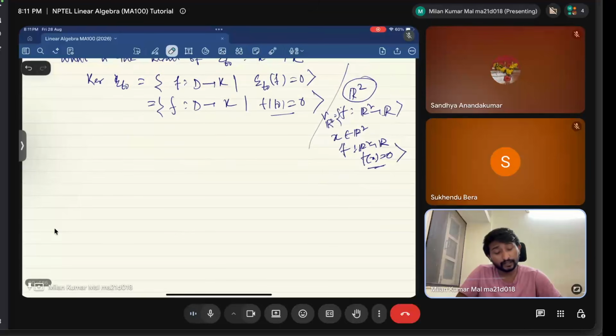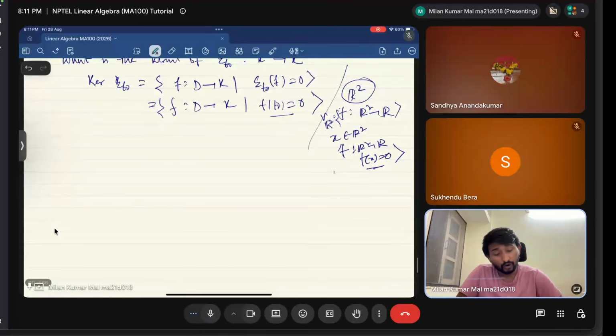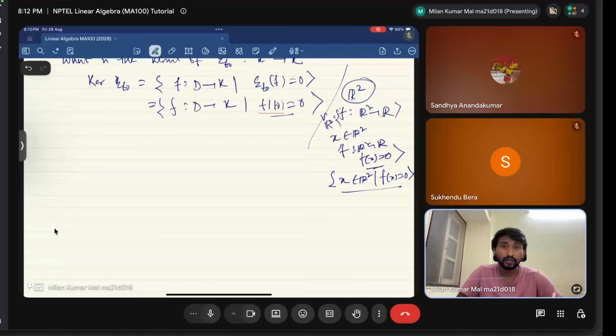On the other hand, if f is a function from R2 to R, all the x belonging to R2 for which f of x equals 0 form again a subspace. But here we need f to be linear. Without that we can't say anything.